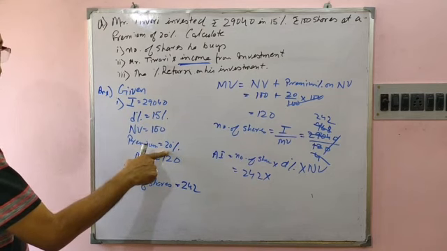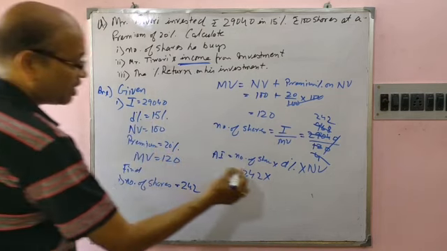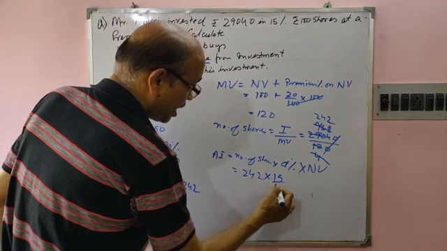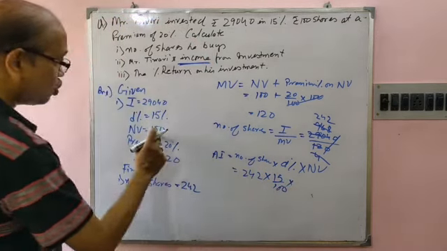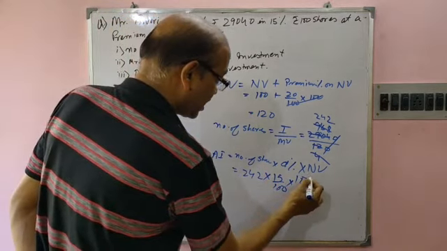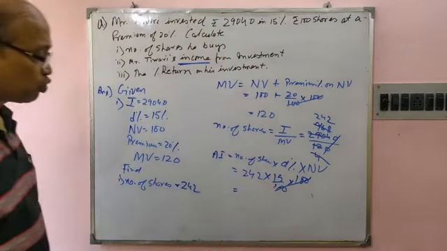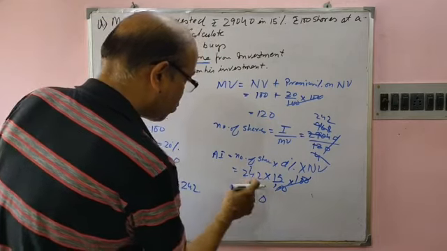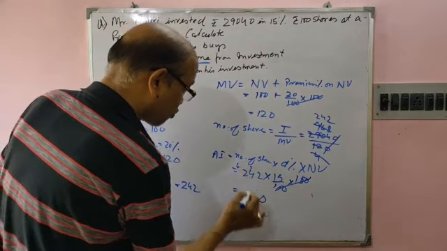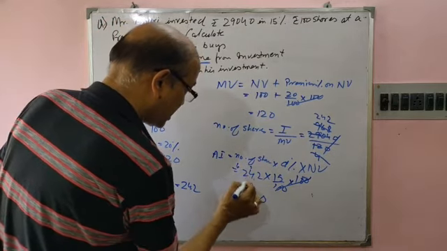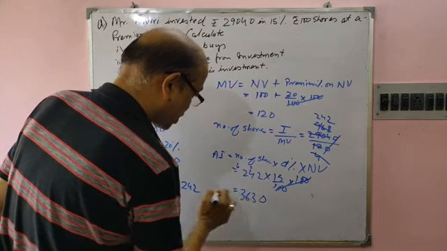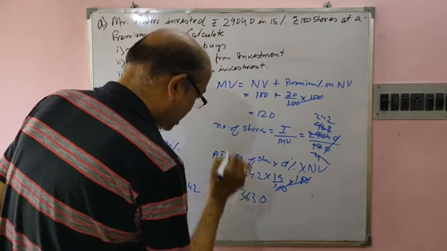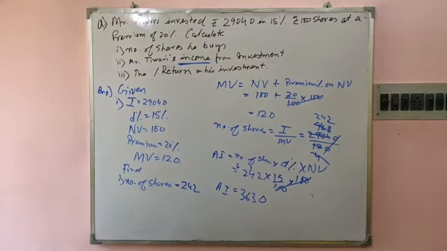Remember, not premium percent, D percent. 15 by 100 into nominal value is 100. So that comes up to 15 2s are 30, 15 4s are 60, 63, 15 2s are 30, 36, 3630. The annual income is rupees 3630.